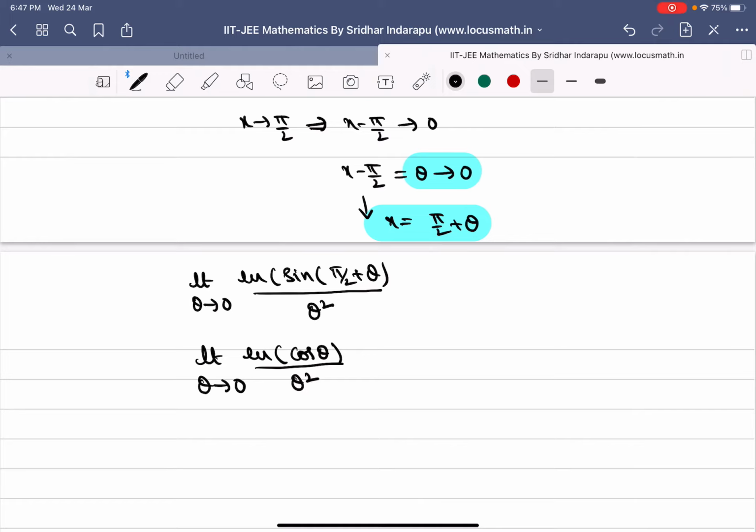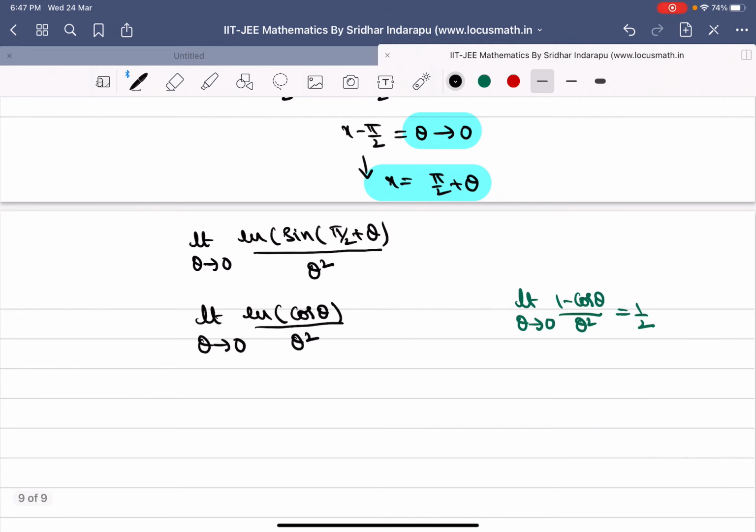Now, we have a standard result: limit theta tending towards 0 of (1 minus cos theta) over theta square is equal to 1 by 2. So, to generate this 1 minus cos theta over theta square, I will multiply and divide by 1 minus cos theta.